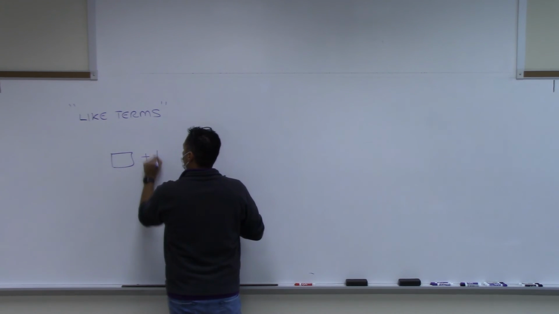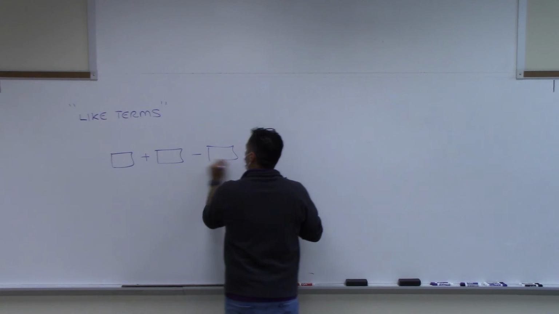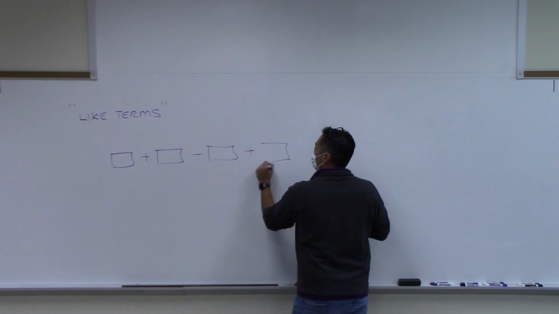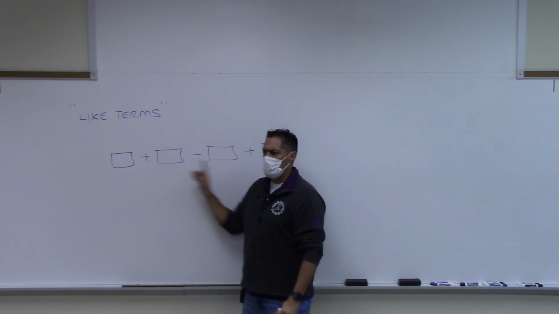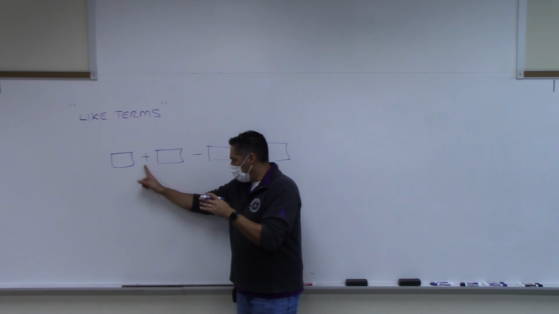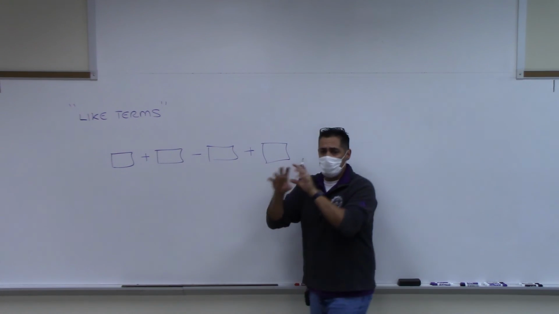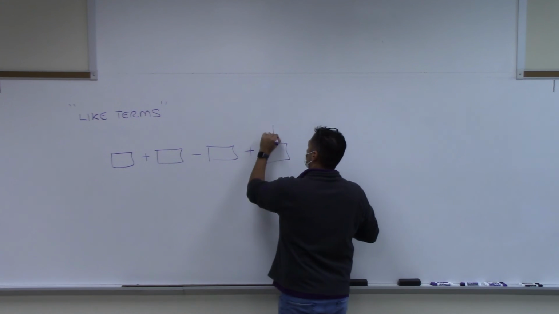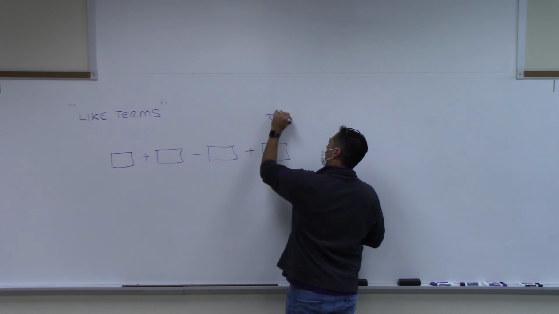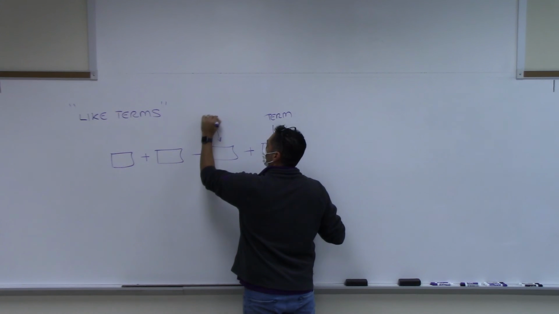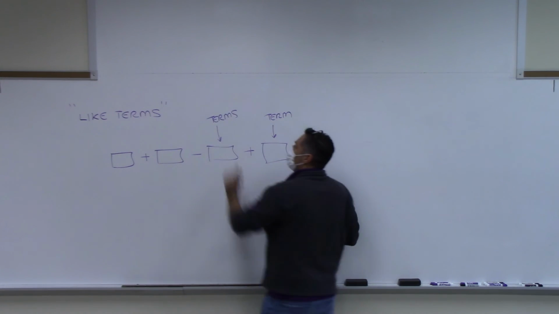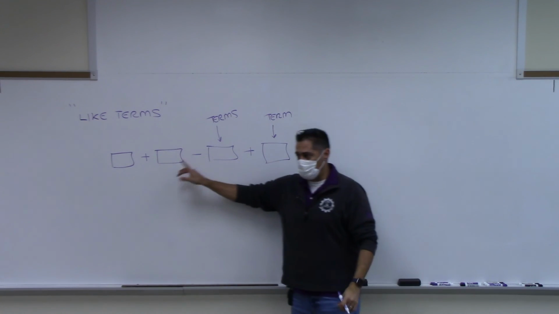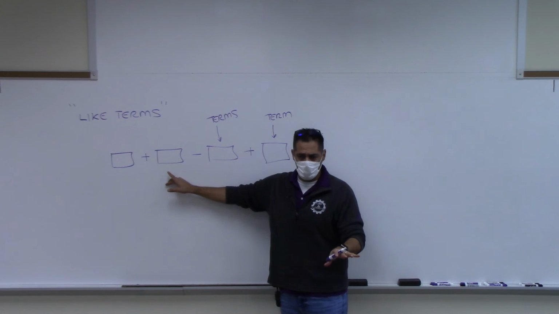Anytime you have a bunch of stuff being added or subtracted, and it really doesn't matter if these are pluses or minuses, each one of these is called a term. So terms are separated by pluses and minuses.